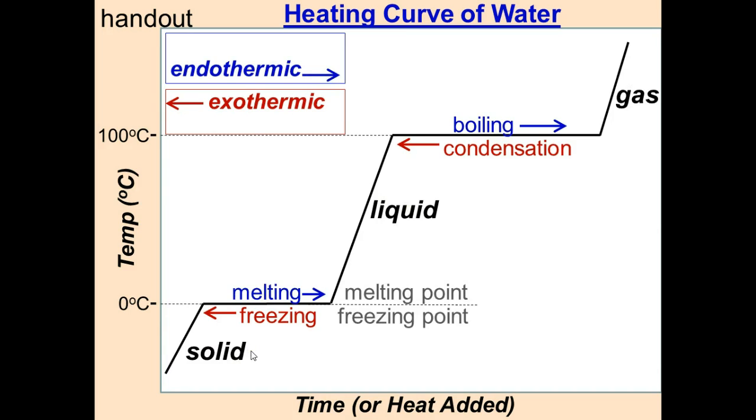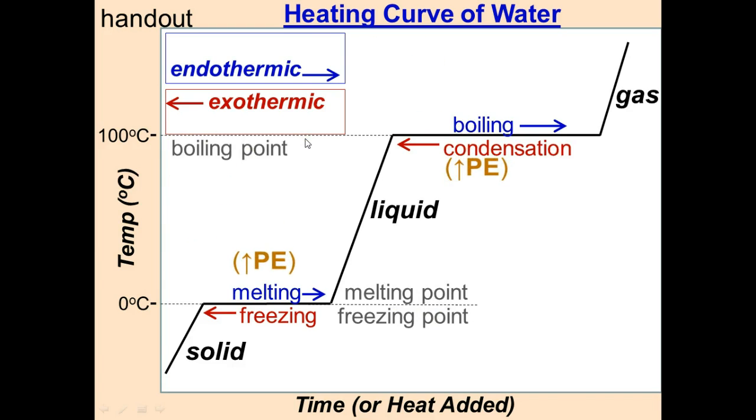And again, the freezing point would be below, because below the point would be freezing, and then above it would be melting. Same thing with vaporization. Boiling point would be over, and then condensation point would be below, but we didn't have space, so that's why it's on the bottom.